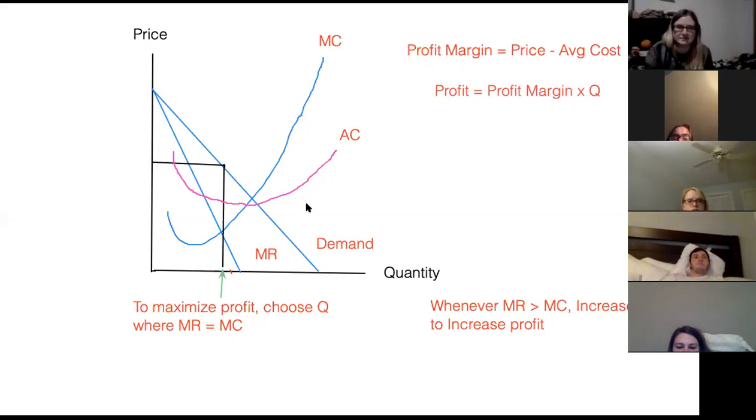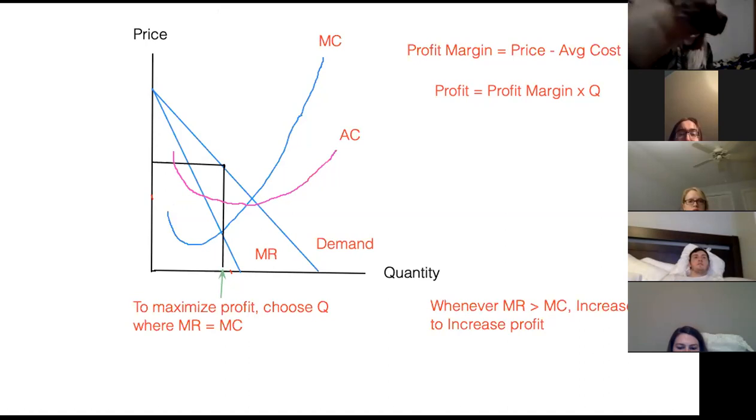Okay. The way we do that is, here is the profit margin. It's this vertical distance. And then we multiply it times the quantity, and we end up with, see if I can make this work. Now, how did that get to be a red line? I want it to be a black line.